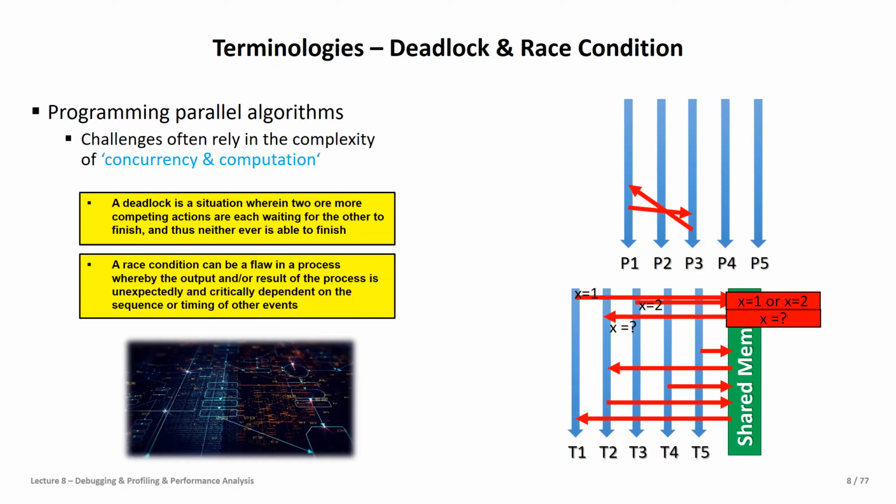Another one, which is also known here and there in the database world as a lost update, is the race condition. You have different threads in the shared memory world, and you want to read X out of memory in one thread, but you also have different threads writing X at the same time.